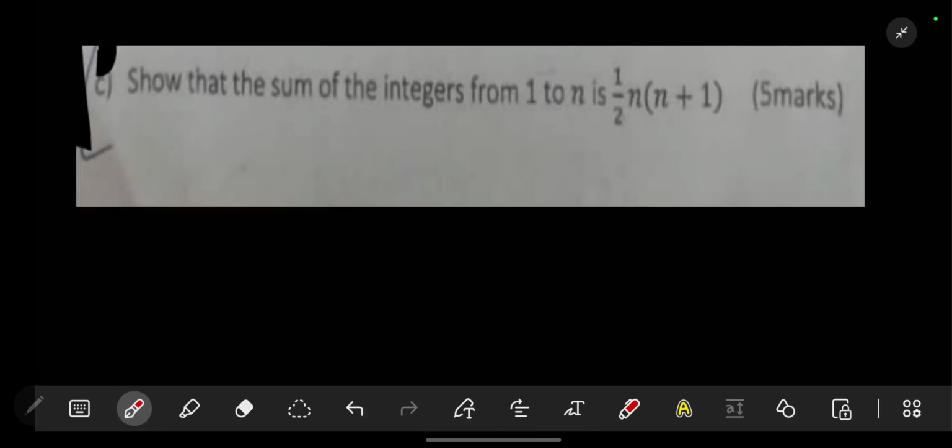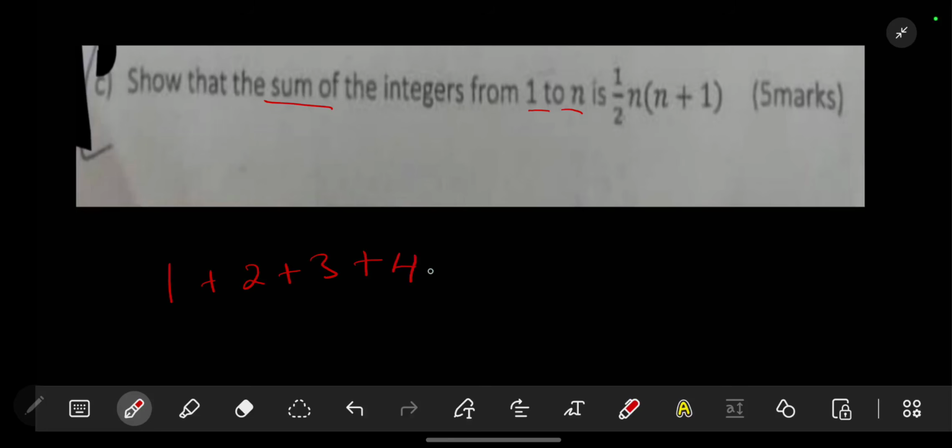Our C says, show that the sum of integers from 1 to n is 1/2 n open brackets n plus 1. You can use mathematical induction, or you can use the deriving of the formula, which is much easier. So from integers from 1 to n, that means we have 1 plus 2 plus 3 plus, so it's the sum.